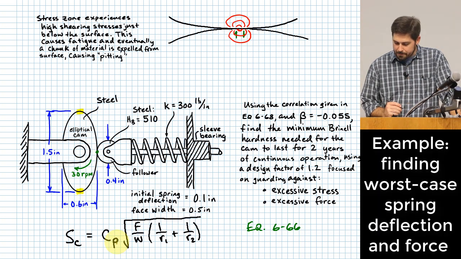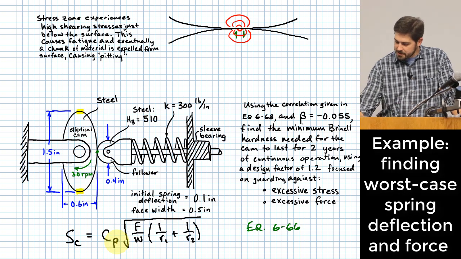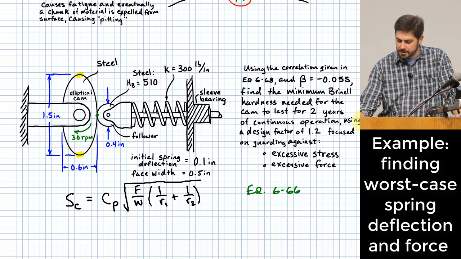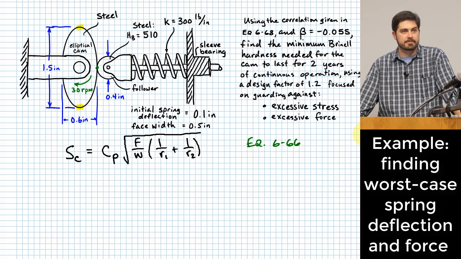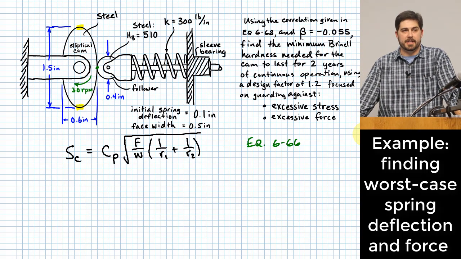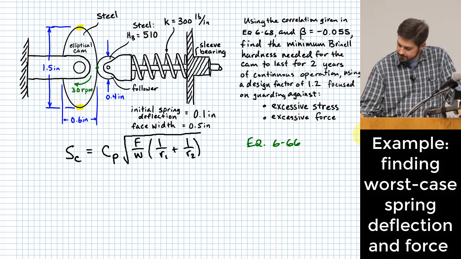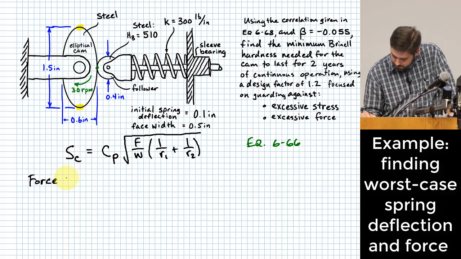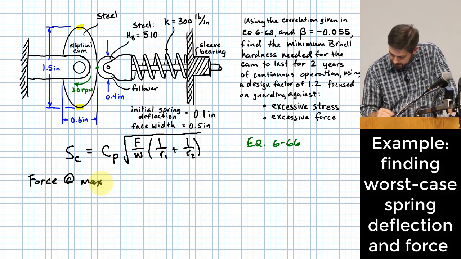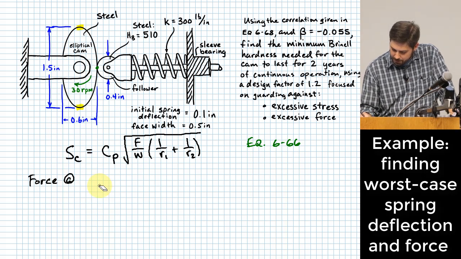So here's what we need to do. We need to, first of all, figure out how much force do we have occurring at our worst case scenario. Is that a good place to start? Okay. Force at maximum, maybe I'll say at critical location.